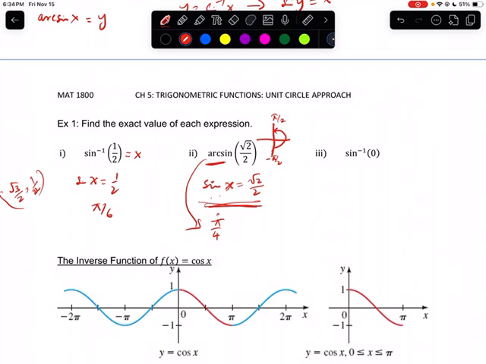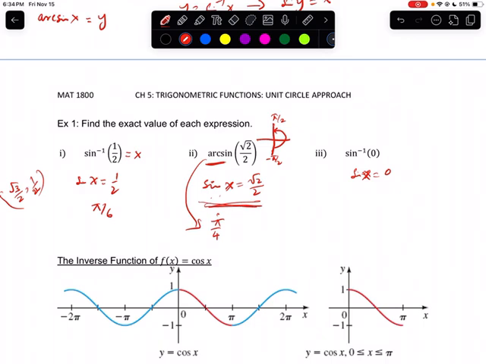Sine inverse of 0. So it means sine of x is equal to 0. So which x value has sine 0? Well, again there are infinitely many. We just saw in the last 5.3, 5.4 video that sine of x is 0 at 0, pi, 2 pi, actually 0 plus or minus pi, plus or minus 2 pi, and infinitely many more.